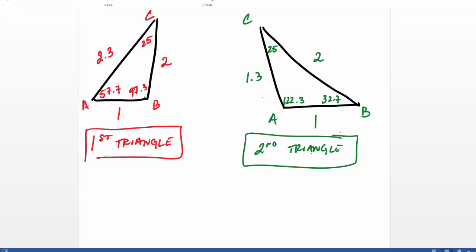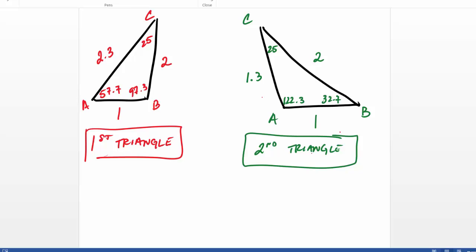Notice that angle C is 25 degrees in both triangles, and I've tried to represent that as close as I can. Now, this is an important aspect of this. In both of these triangles, angle C, 25 degrees, is the smallest angle. So the opposite side, which is side C, is equal to 1. That should actually be the smallest side in both triangles. So I have that, and that works out just fine.